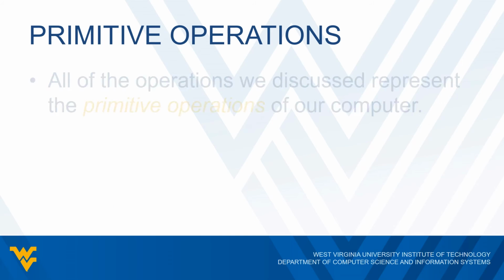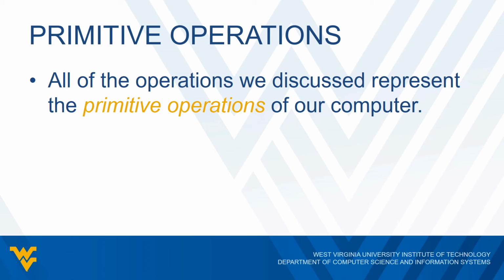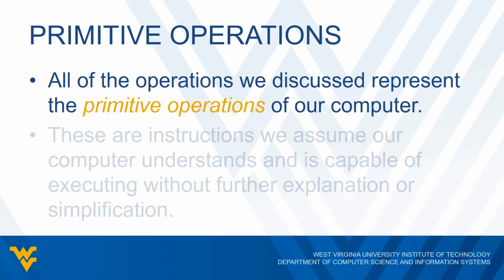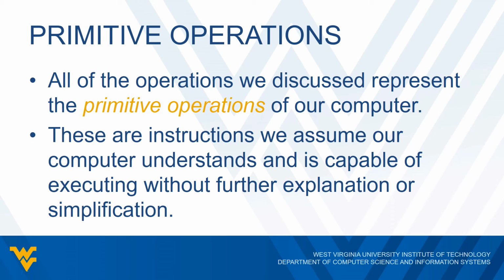So all the operations that we've talked about in this lecture are what we call primitive operations for our computer. And the idea with it is that these are instructions that we can assume our computer knows what to do. If we say compute, evaluate some expression, store it in a variable, it understands that. We can assume that the computer understands looping. We can assume that the computer understands what it means for an if and a condition, that something's true or false.